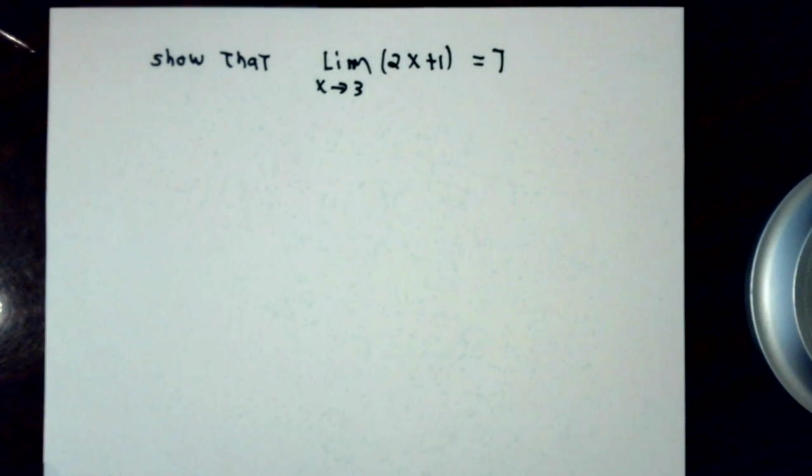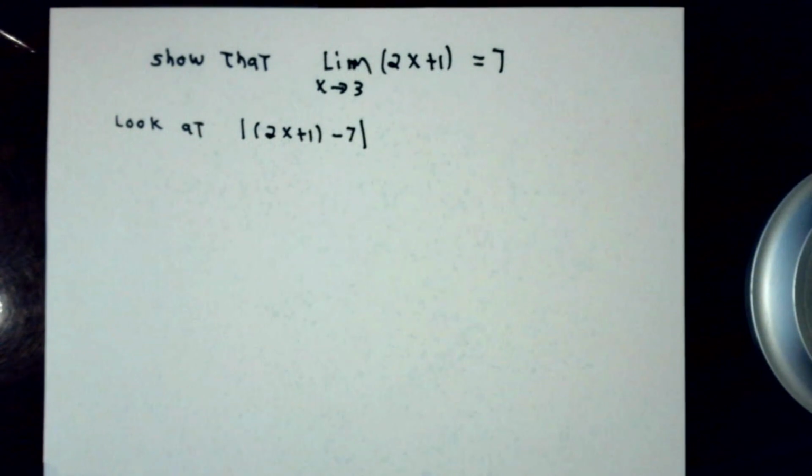I have to convince myself that there's an interval in which the difference is smaller than any particular positive number epsilon that you might have given me to start with. That is to say, I have to look at the absolute value of 2x plus 1 minus 7, and I have to estimate or express this quantity in terms of the distance between x and 3 on the number line.